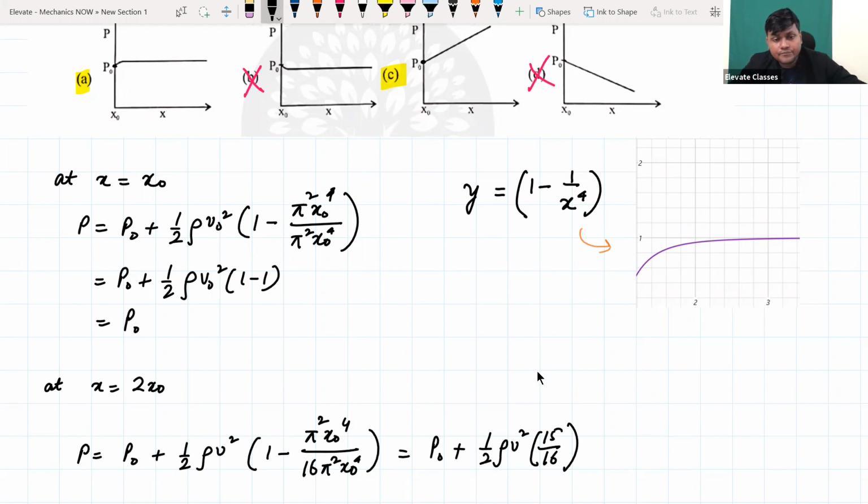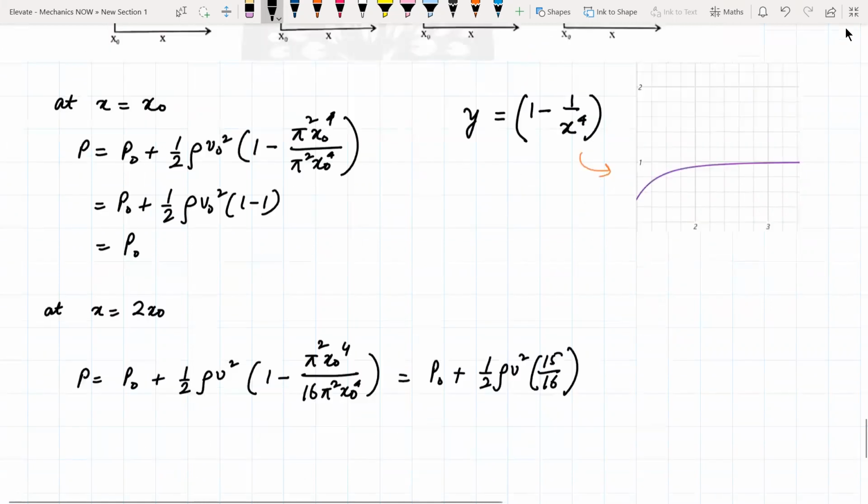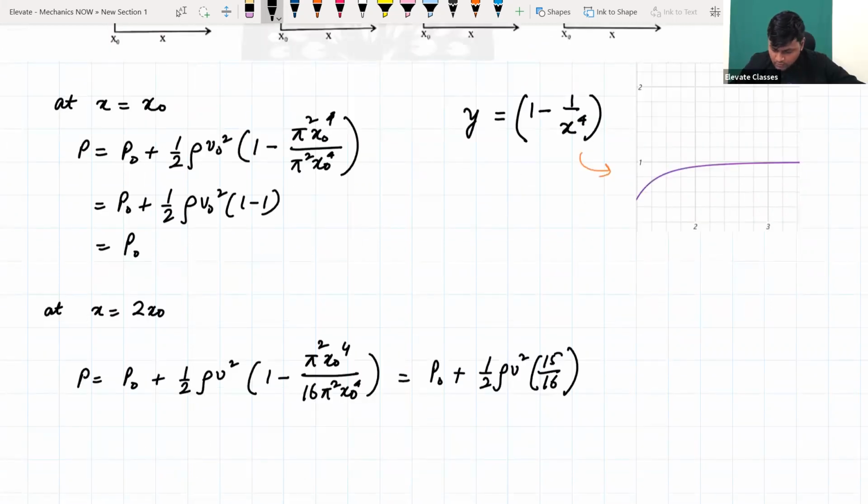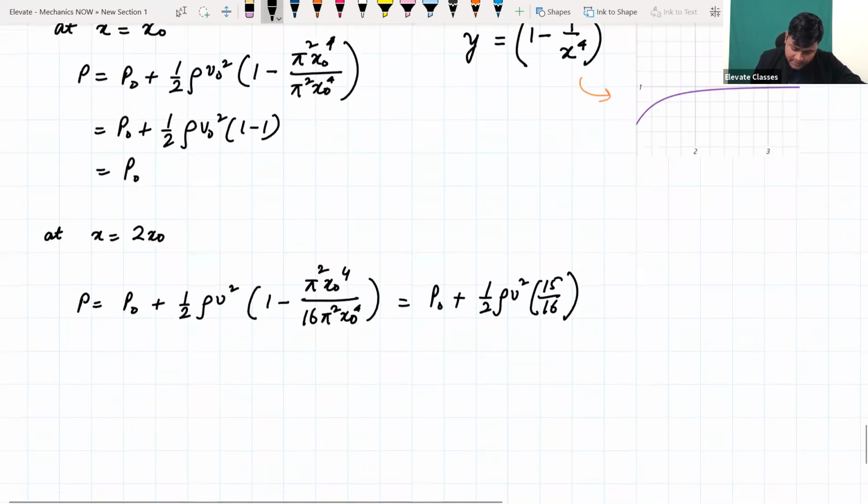Do you see this? Yes, sir. So what can you conclude from here? What you can conclude from here is that this is not the equation of a straight line. You can also look at x is equal to 3x naught.